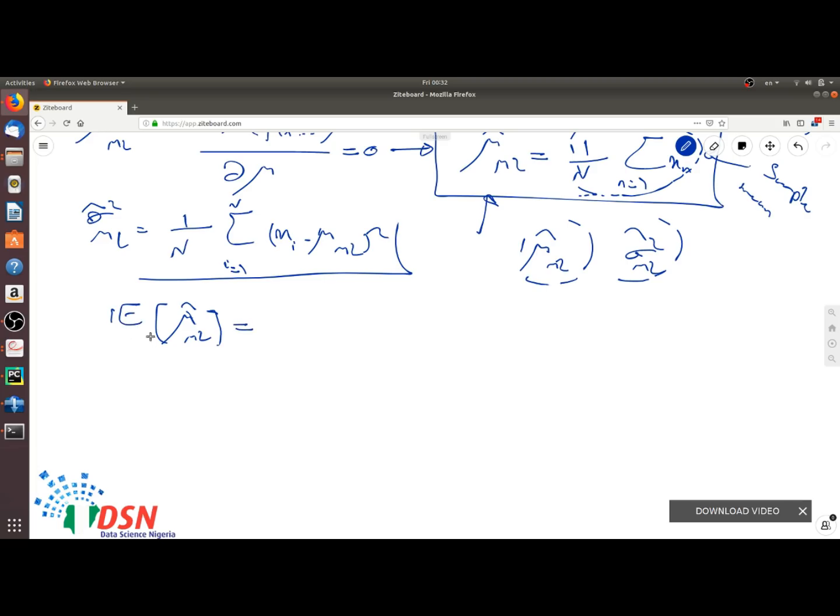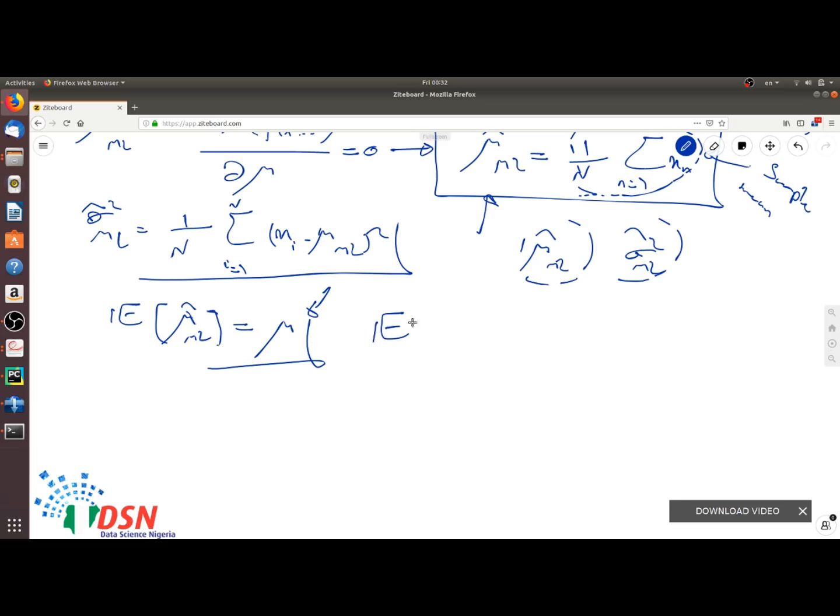If you calculate this, we could derive that this is equal to mu, the real mean parameter of the Gaussian distribution.